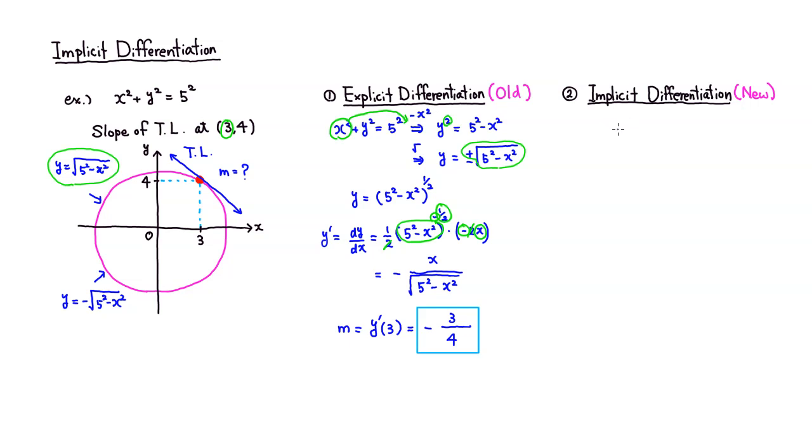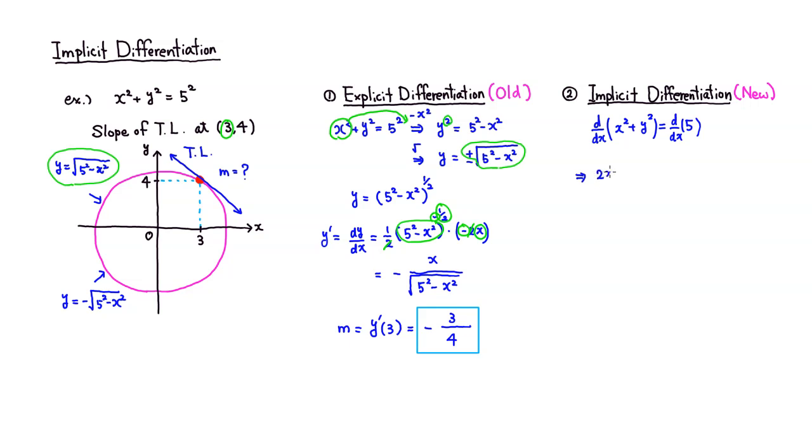So you have x squared plus y squared is equal to 5 squared. What you do is you take the derivative with respect to x of both sides. The derivative of x squared would be 2x.